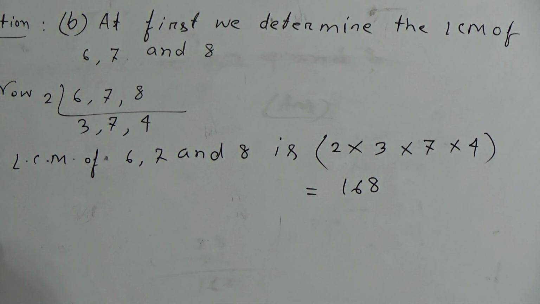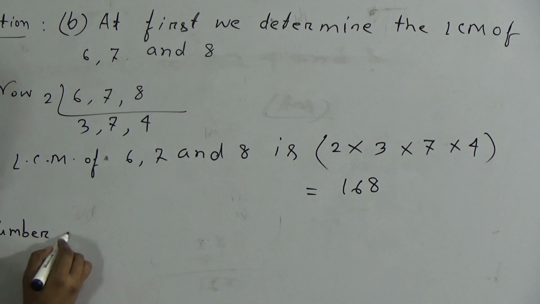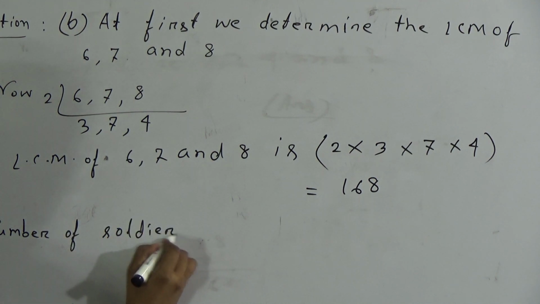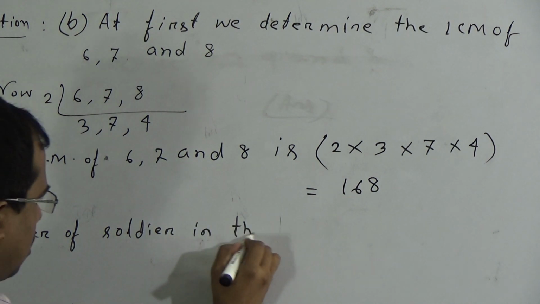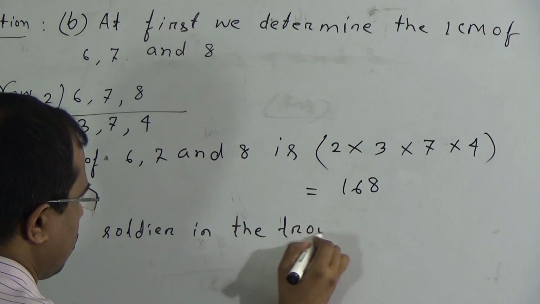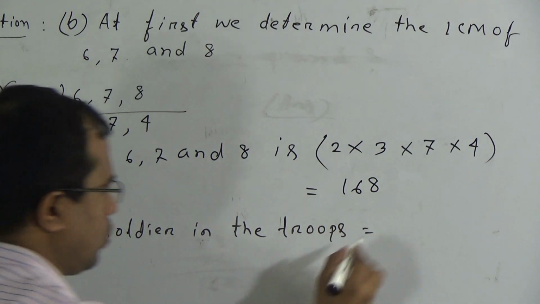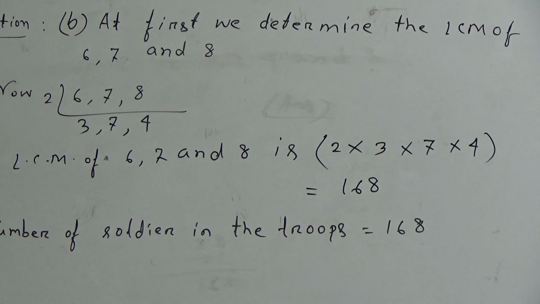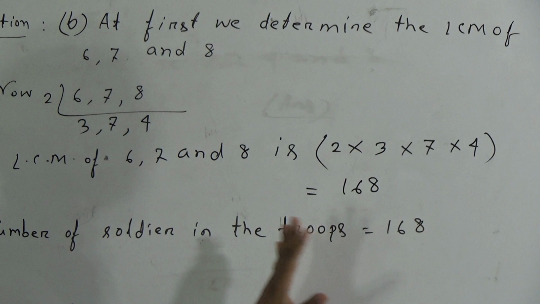Therefore, the number of soldiers in the troops is equal to 168. Dear students, here 168 is not a perfect square, so we cannot arrange the number of soldiers in the square form.